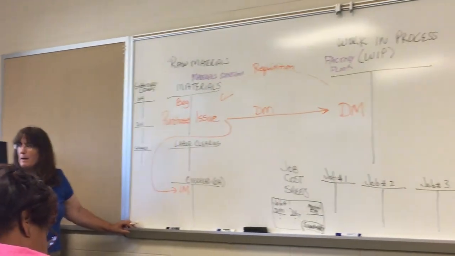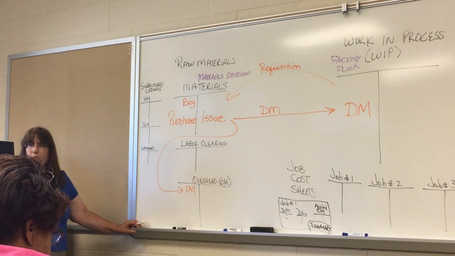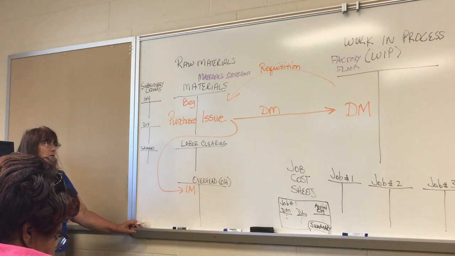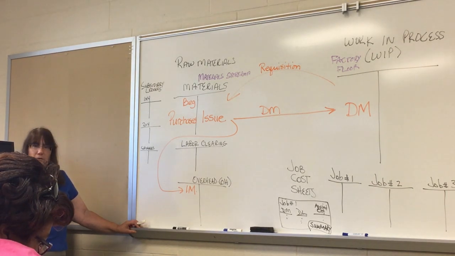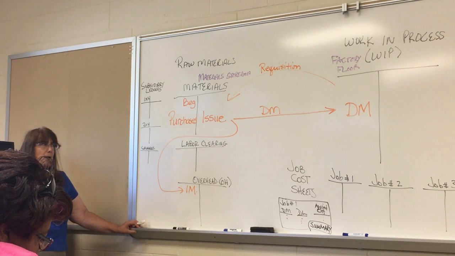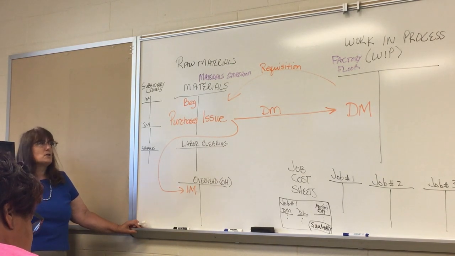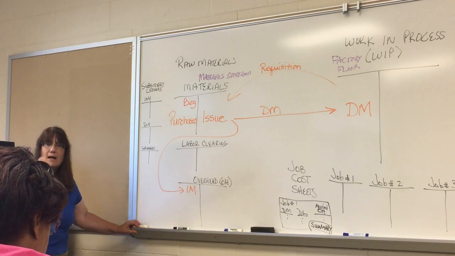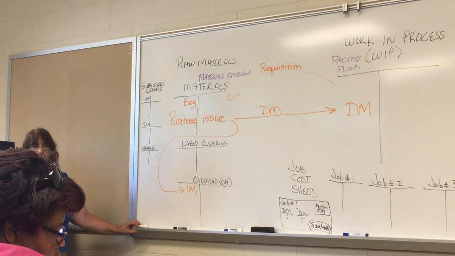So you have to remember from last week's lecture, what is the difference between the direct materials and the indirect materials. The direct materials are those which can be traced specifically to a particular job. So the 1x4s and the 2x4s, I can trace those directly to job number 1 or job number 2.